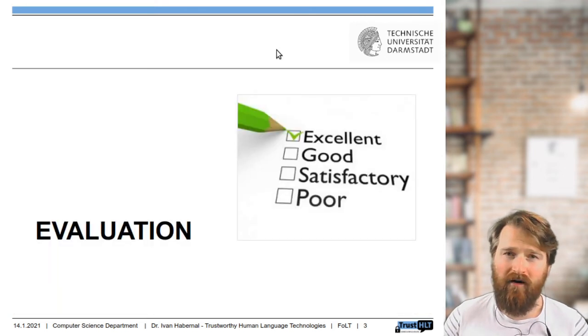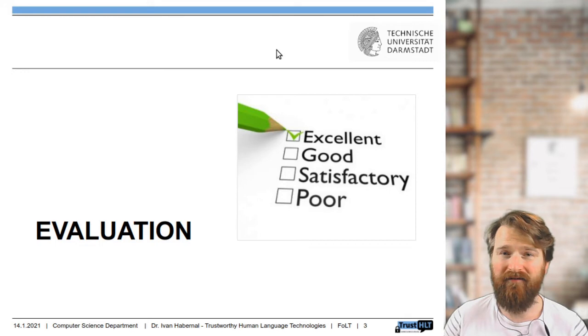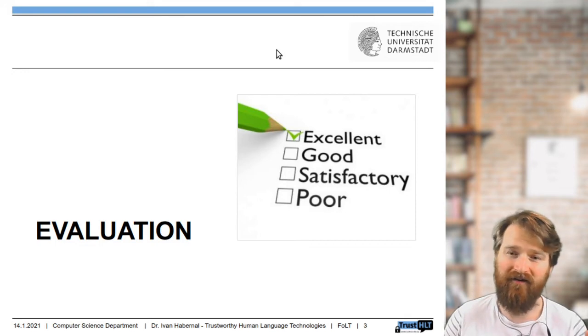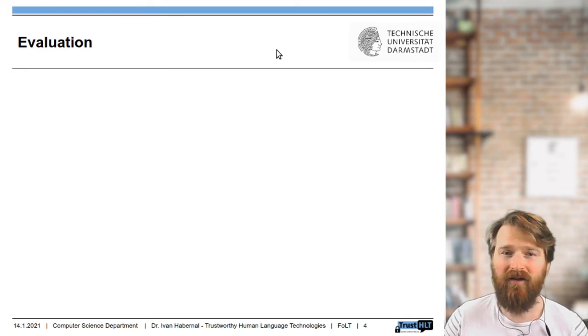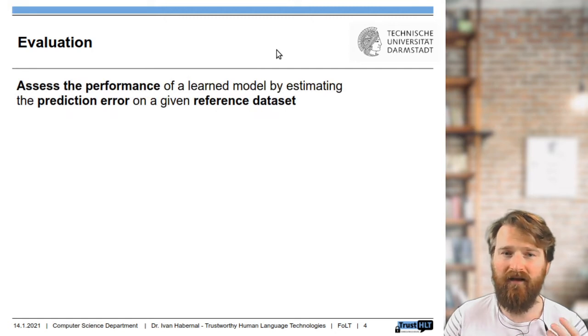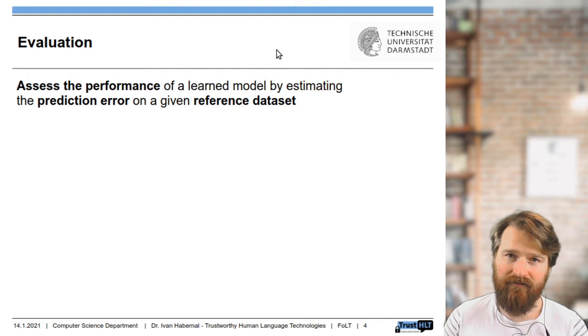When we want to evaluate our learning algorithm for natural language processing, we are interested in more quantitative analysis than just excellent, good, and satisfactory. So we are going to assess the performance of the model, and we want to get the prediction error on some reference data set.